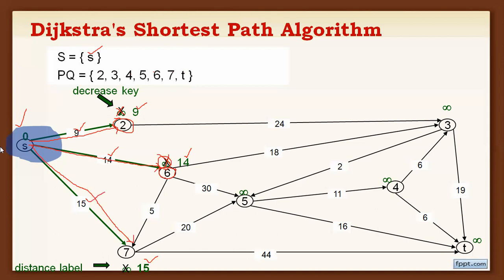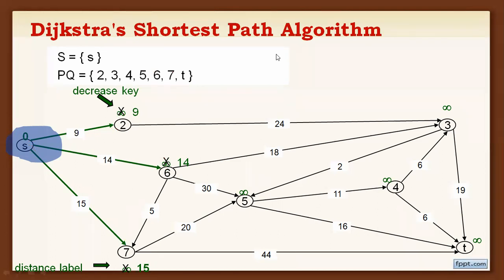In the first stage, we have successfully found the shortest route from S to the first stage nodes. What are the first stage nodes? The first stage nodes are 2, 6, 7. We successfully found the shortest route from S to 2, S to 6 and S to 7.